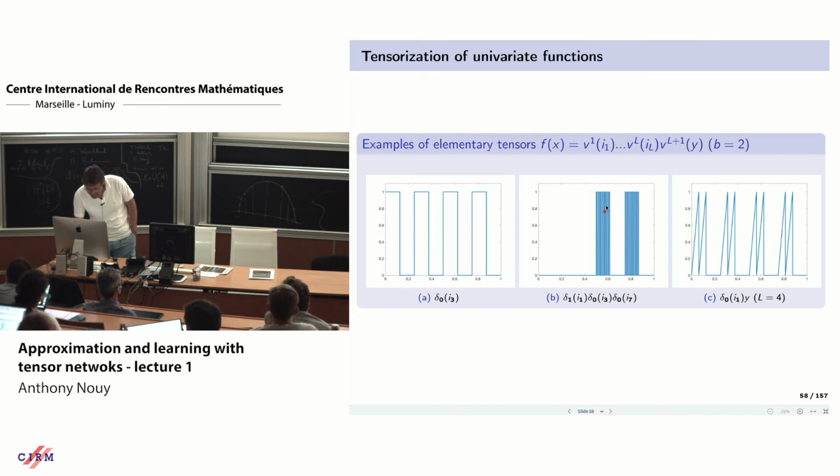So you have many step functions with very, very small steps here. And here is a function where it depends also on the local variable linearly. You see here, function y times a function of I1, so you will have a piecewise linear function. Okay. And more generally, if you take for the function of y a polynomial, what you will obtain is a spline. Okay, a highly structured spline, but it will be a piecewise polynomial.